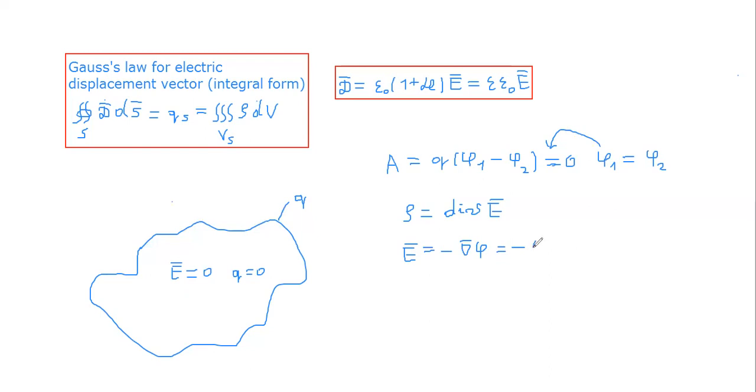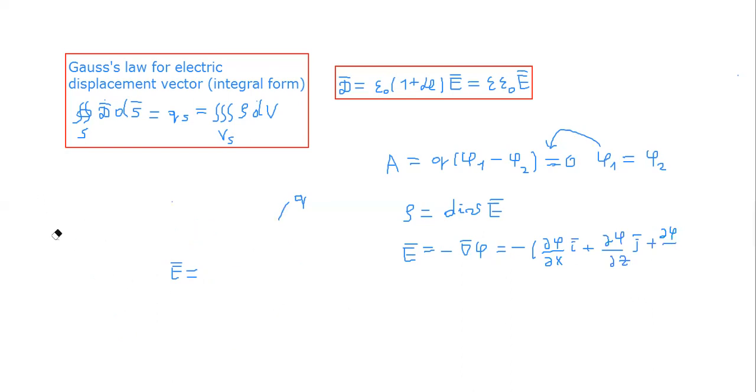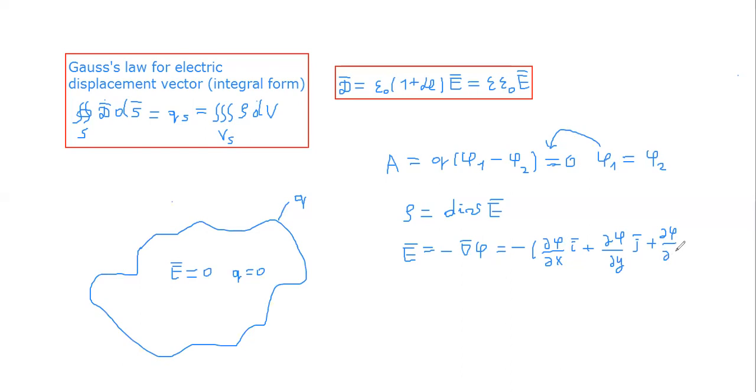It is a sum of partial derivatives: d phi by dx i plus d phi by dy j, sorry, I made a mistake, here it is y, plus d phi by dz k vector. This is the sum of derivatives.